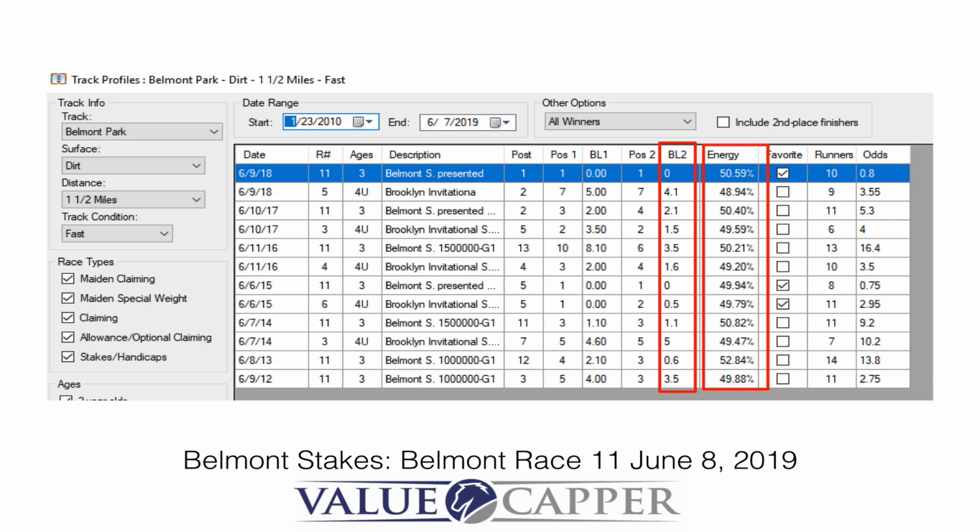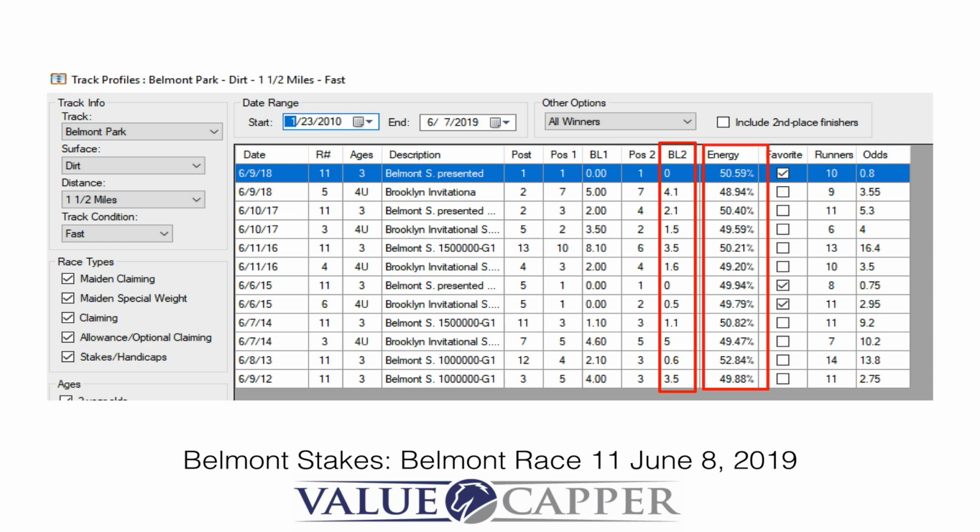It's 1.5 miles. Okay? And at Belmont Park, that's once around. It's the biggest circumference racetrack. Okay, so it's once around. They run 1.5 miles at Belmont, or they have been, twice a year in the Belmont Stakes and the Brooklyn Invitational. And here are those races going all the way back to 2012.